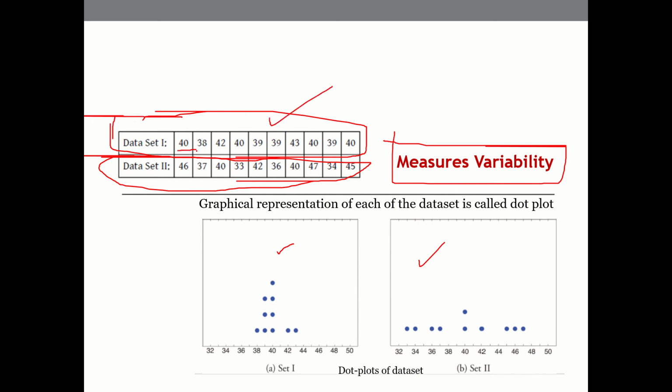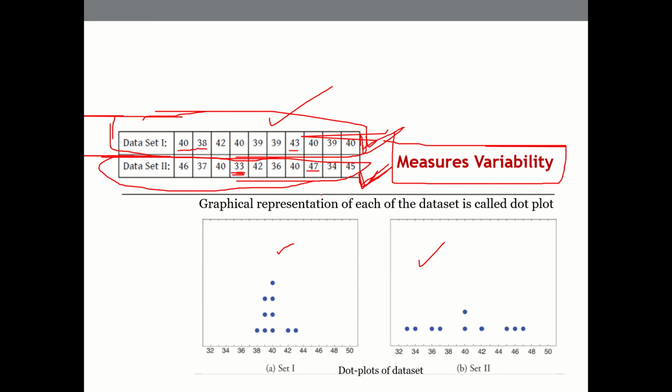In data set 1 the lowest number is 38 and the highest is 43, but in data set 2 the highest is 47 and the lowest is 33. We may not be able to quickly judge what data we have in hand.